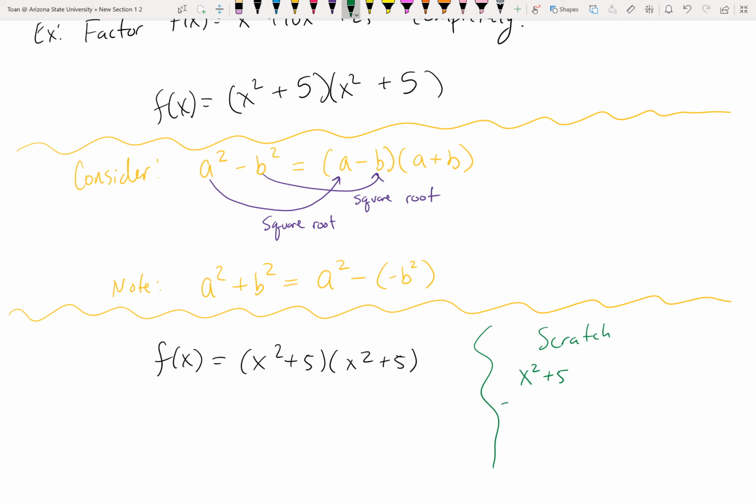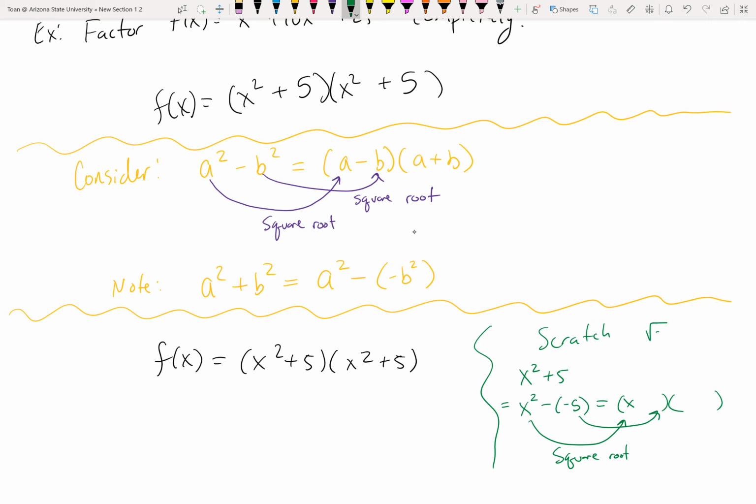Well, according to what we said, that's x squared minus a negative 5. So if I want to use the difference of two perfect squares pattern, I'm going to have to do some square roots. Well, what is the square root of x squared? That's just x.